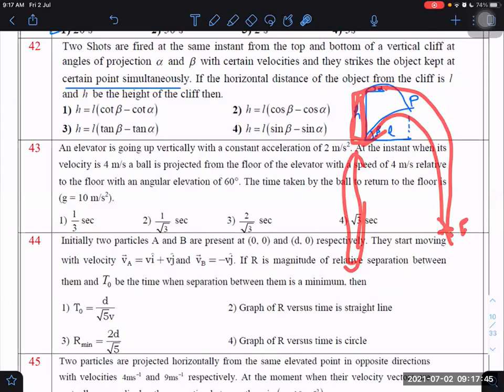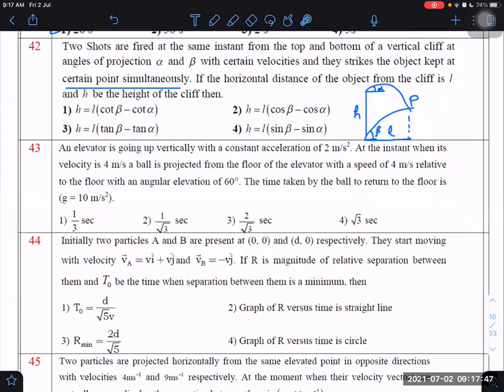That situation is not physically unreal, but here it becomes unreal because they say it is a vertical cliff and there is ground after that, it seems. Maybe it is a vertical cliff and after that there's a slope or mountain, who knows. Then it may strike below. We should be prepared for that. If we get this as negative, we can accept that also. It may be a vertical cliff, but below it there may be some valley like this. That is also possible or not? Yes, sir, possible, sir.